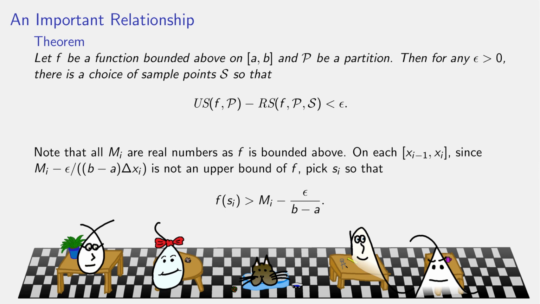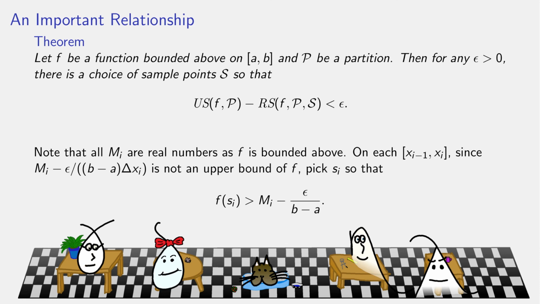Now all of the capital Mi's, the supremums on various intervals, are real numbers because we did assume f was bounded above. On each piece of the partition, if I subtract from capital Mi epsilon over b minus a times delta xi, this is capital Mi minus a small positive amount, but it's still smaller than capital Mi.